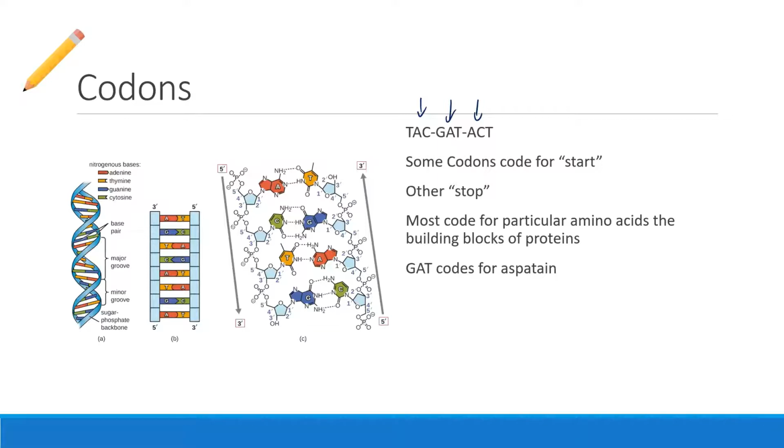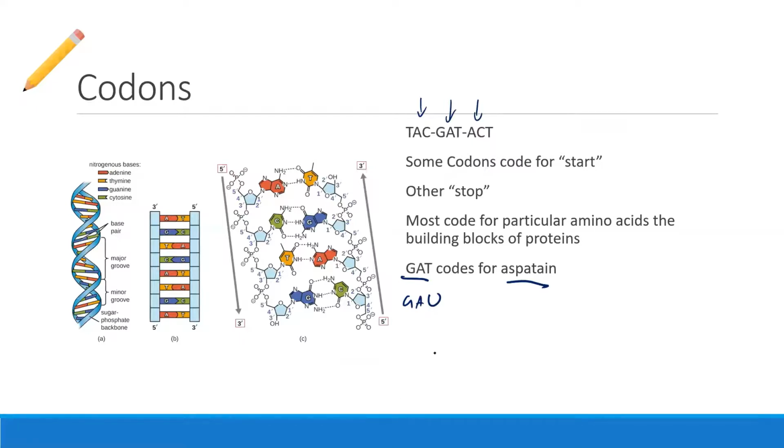Sometimes you have 3 bases that say, I want you to stop building the code. But most of the particular codons, most of the particular 3-letter codes actually just make building blocks of proteins. They just, you know, make amino acids. For example, GAT, or in this case GAU, codes for aspartame.